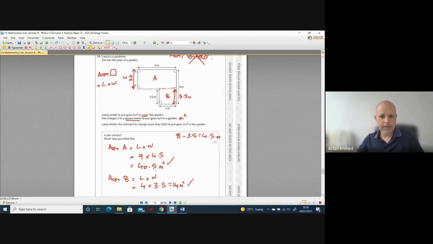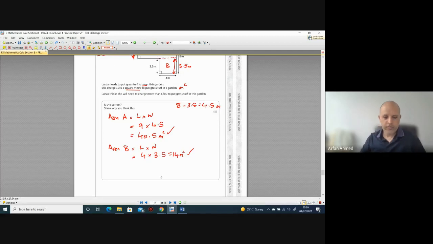So that's area A, that's area B. Total area will be both of them together, where this grass seed is going. Both those areas added together is 54.5 meters squared. That's my third mark.